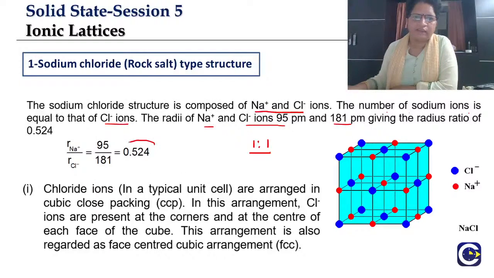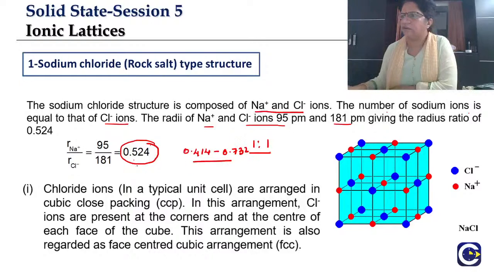We are getting the radius ratio as 0.524. This lies between 0.414 and 0.732. So the coordination number is 6, given this radius ratio.